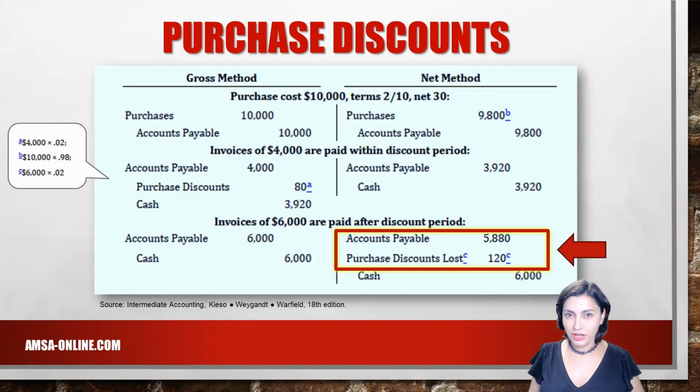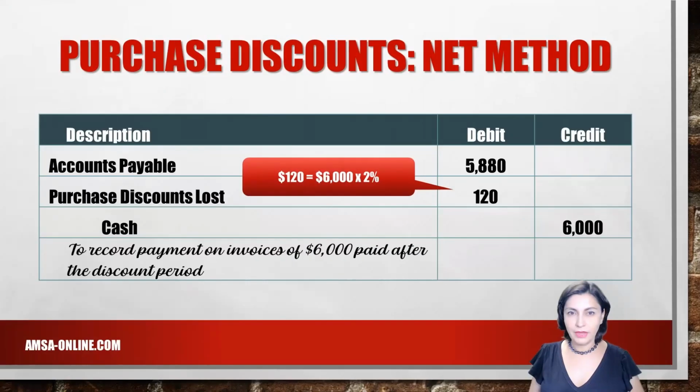The third entry is to record the payment of invoices of $6,000, which were paid after the discount period. Accounts payable is decreased or debited in the amount of $5,880. Since the company recorded the discount upfront but didn't pay within the discount period, the discount was lost.